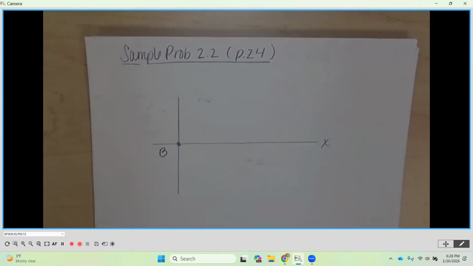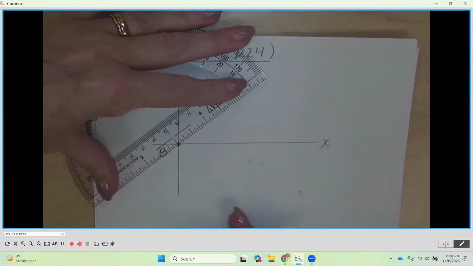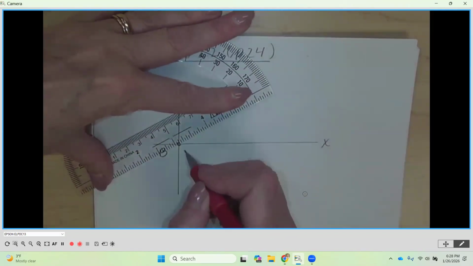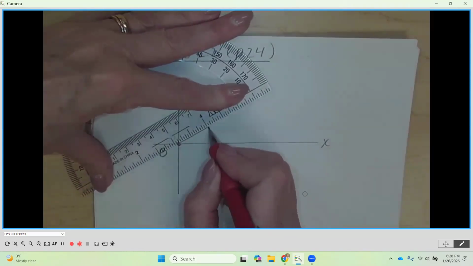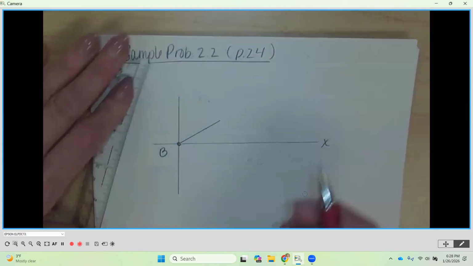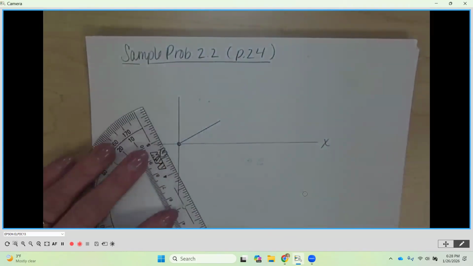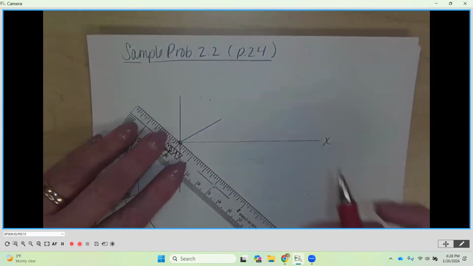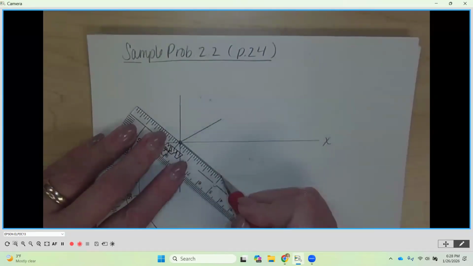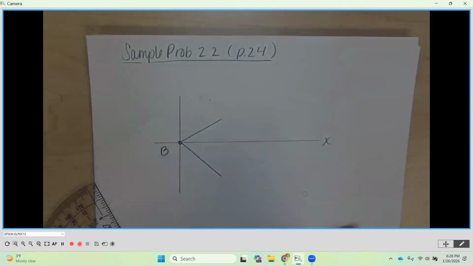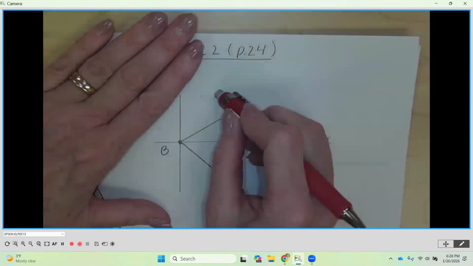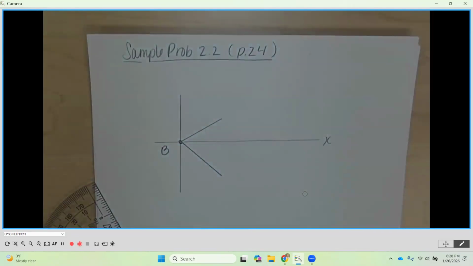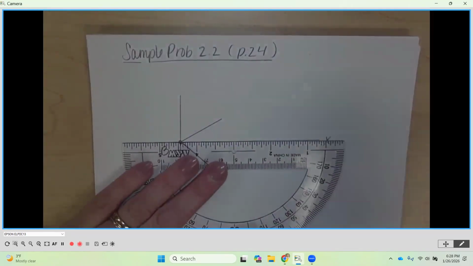Okay. Now we have the one of our tugboats is at a 30-degree angle. Okay, going up. All right. And the other one is at a 45-degree angle. So something like this. Okay. Now, I haven't defined their lengths yet.